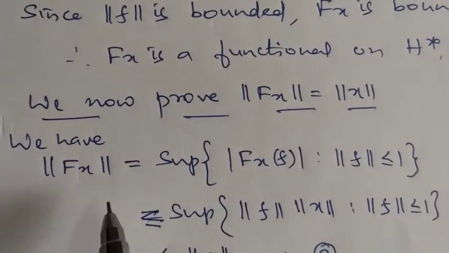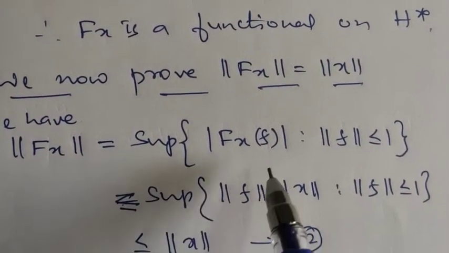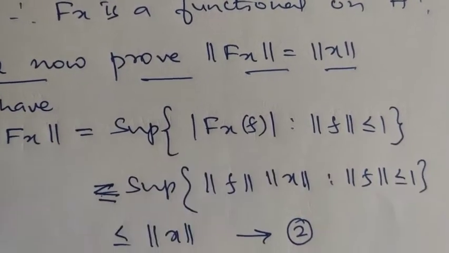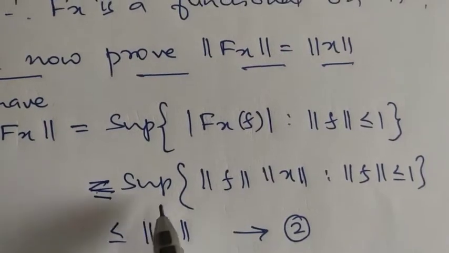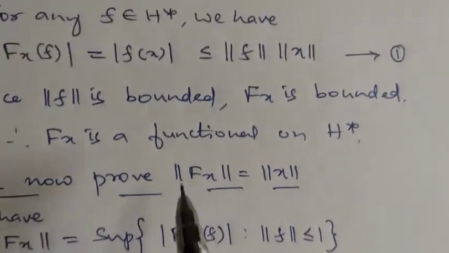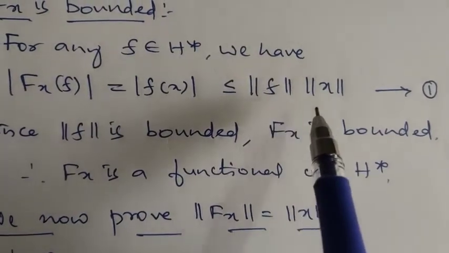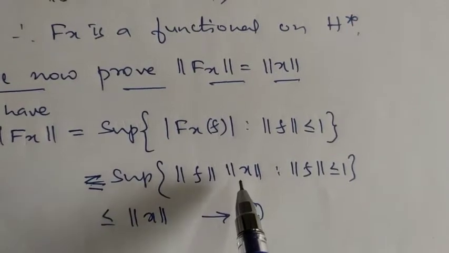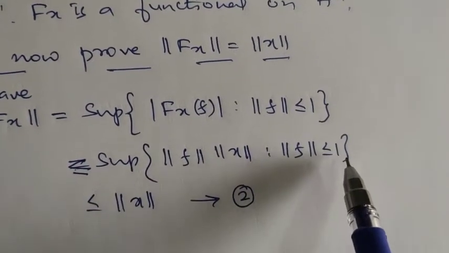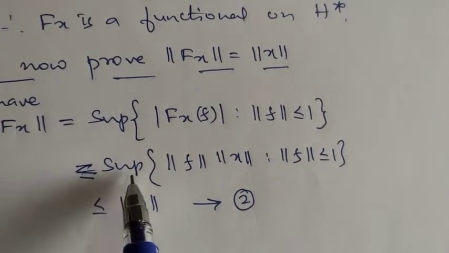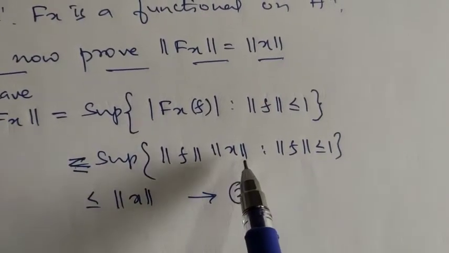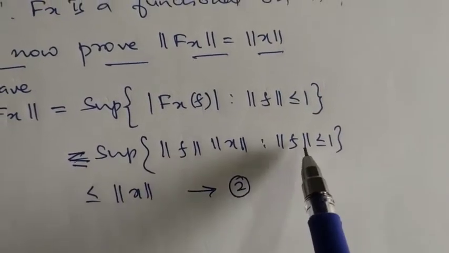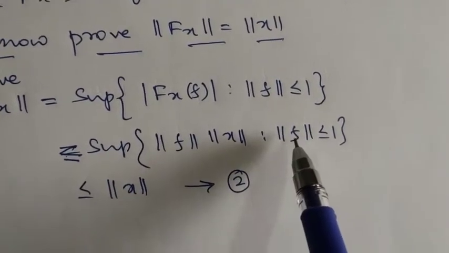We have norm of fx equal to the supremum of the absolute value of fx of f such that norm of f is less than or equal to 1. This is certainly less than or equal to the supremum of norm of f into norm of x such that norm of f is less than or equal to 1, because fx of f is less than or equal to norm of f into norm of x. What about this set? The supremum of this set is attained when norm of f is 1.